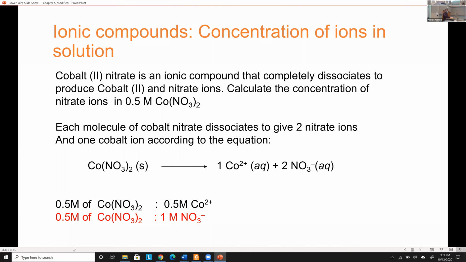So if you were to figure out the concentration of cobalt nitrate, if you have 0.5 molar cobalt nitrate, it will have 0.5 molar of cobalt ions, and it'll have 1 molar of nitrate ions. That's because there are 2 nitrate ions per 1 cobalt(II) nitrate. So that's how they split apart.